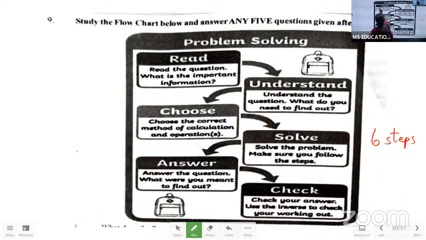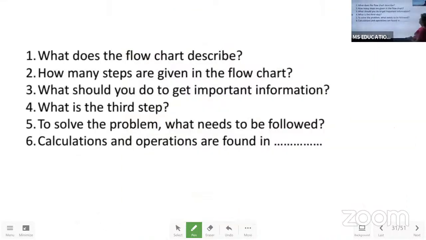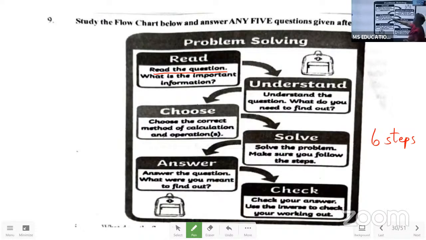You have to read the question. Understand to get what you will understand. What is the important information that you have to find out? What is the third step? The third step is choose.